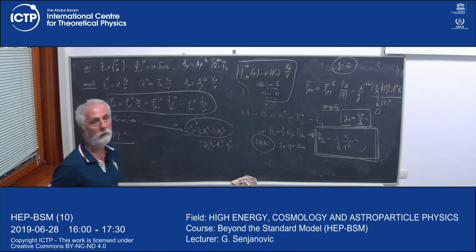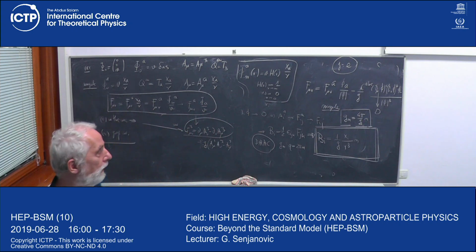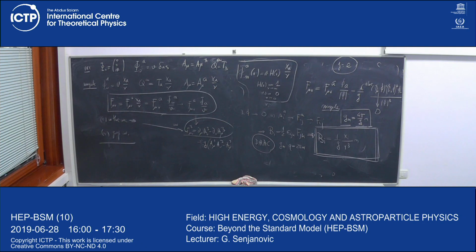There are a few more things to say, but we still have some time. So now all the discussion we did for the strings on the wall, there will be some spherical object with a lot of energy inside.